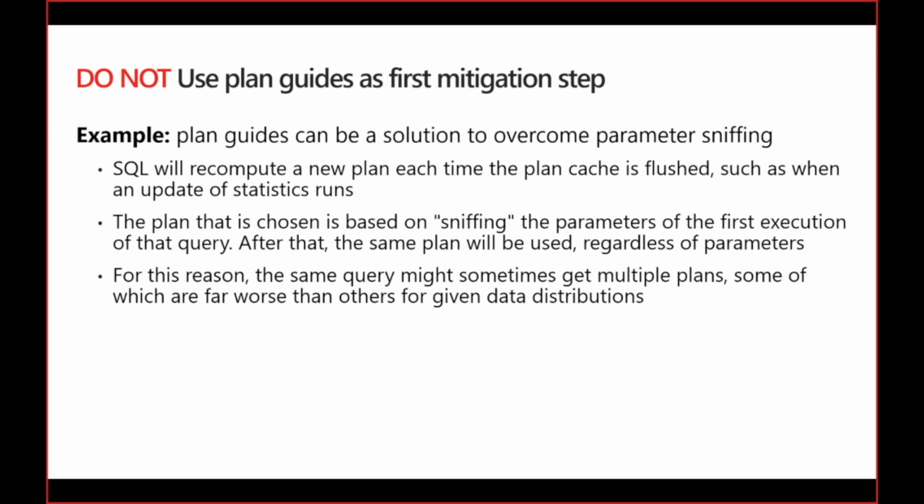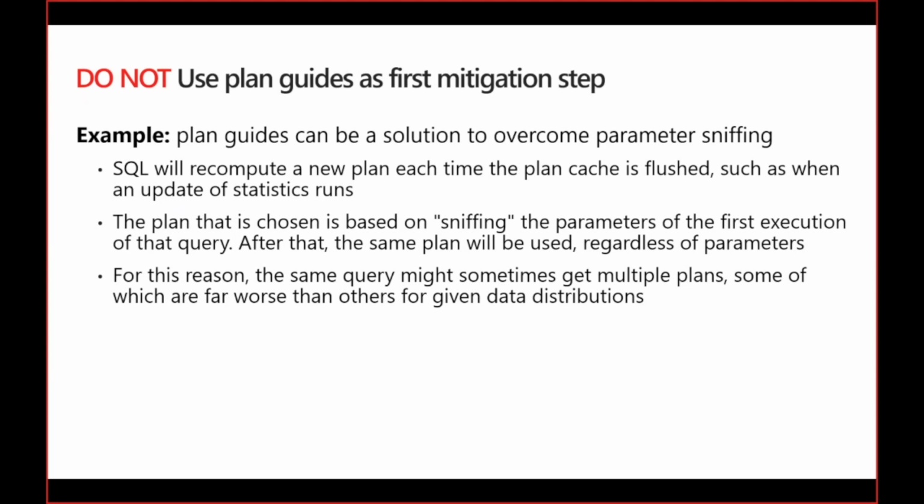But of course, if you store the first plan and you would like to have this reused also for the next queries, or you maybe would like to have a different plan used for a query with different parameters. So maybe you would like to guide SQL Azure in the backend to use one specific plan for one specific set of parameters, and a different plan for the other set of parameters.